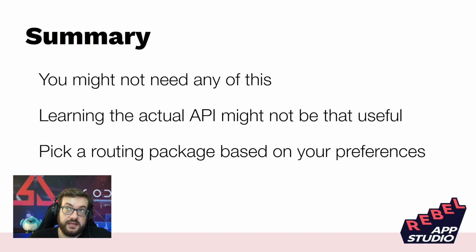This is one of the parts of Flutter that I feel like you can very much benefit from doing on-demand learning. When you know the limitations of the classic Navigator API and you know when you need to learn one of these new routing packages or the base API, then just do so on demand when you need it. There's no need to move over to this if you don't have any need for those things that I've talked about.